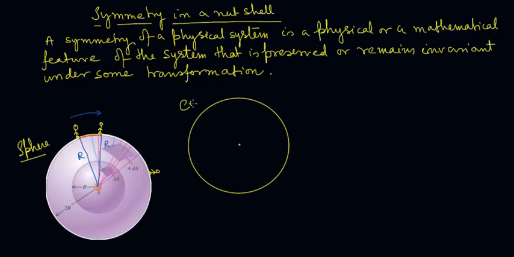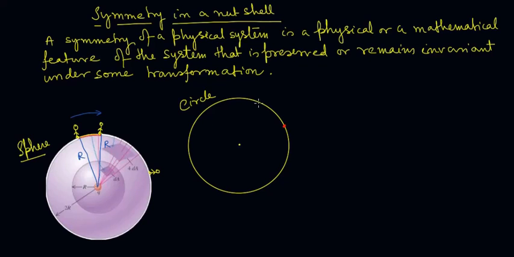Now if you are at this position, and there is nothing around, only this circle, and you make a transformation on the circle.